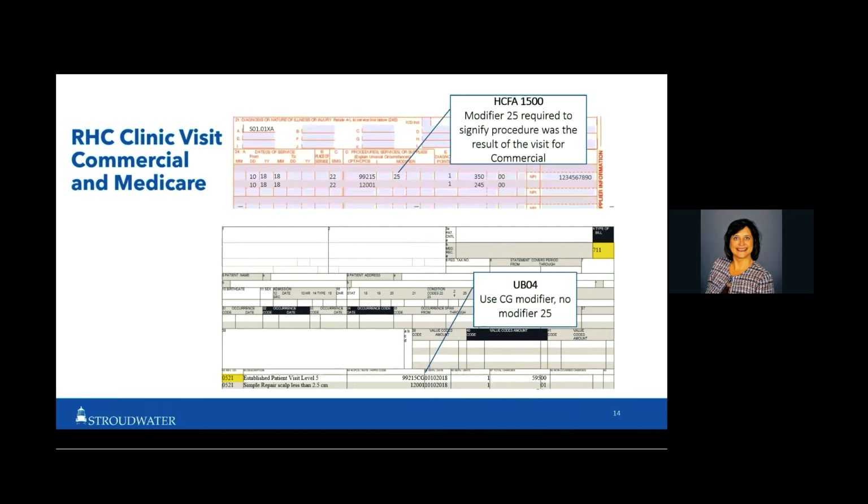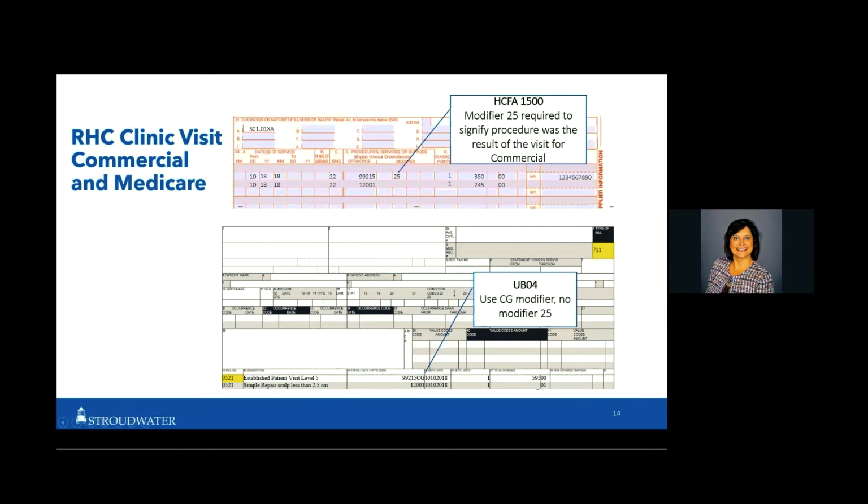But the CG modifier, when you're submitting that on the UB form, you put the CG modifier and no modifier 25. So you can see that if a patient comes in and they have the same services performed, the 99215, if it is a commercial payer, you would put the 25 modifier. But if it was a Medicare patient, the 25 modifier goes away.